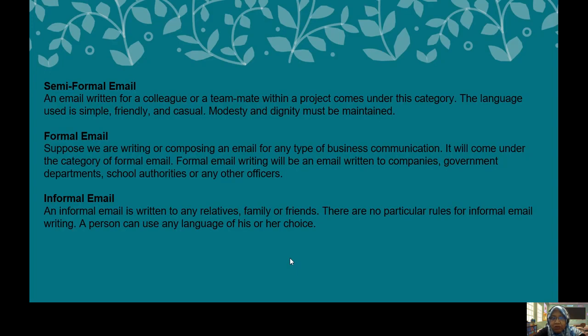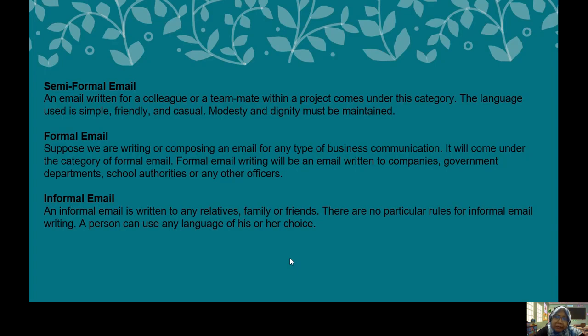So the language used is simple, friendly, and casual. Simple means very straightforward, friendly, not so strict, and casual. Modesty and dignity must be maintained.